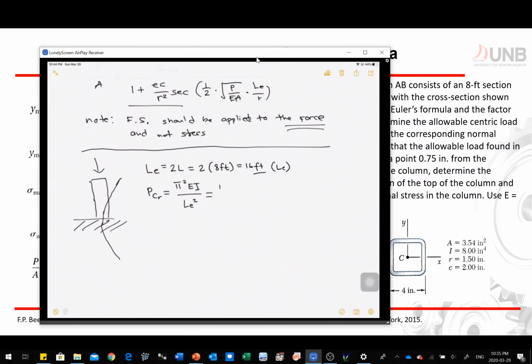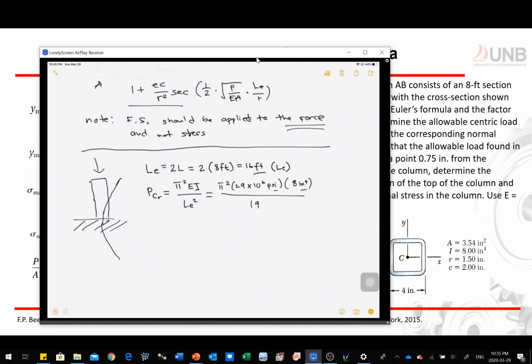So for PCR, we have pi squared, we have 29 times 10 raised to 6 psi, we have 8 inches to the 4, over the square of your effective length. I'm going to convert it to inches because you have inches there and inches right there.